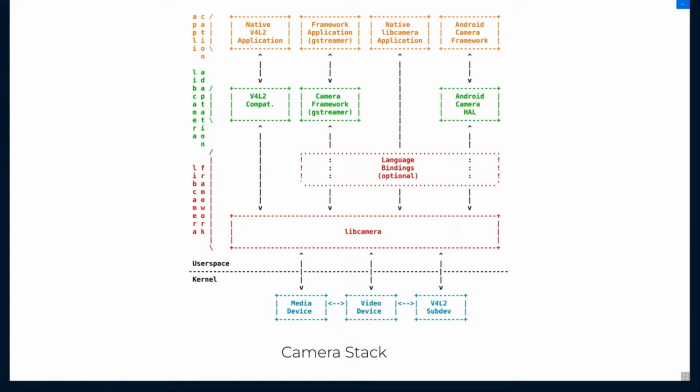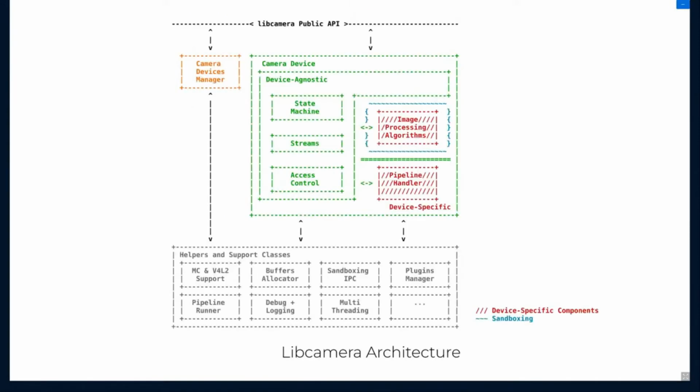So this is the bird's eye view for libcamera. And now I think we will go into the libcamera architecture. At the top is the public API, which the applications will interact with. At the core, libcamera has a device manager, which will start and enumerate.